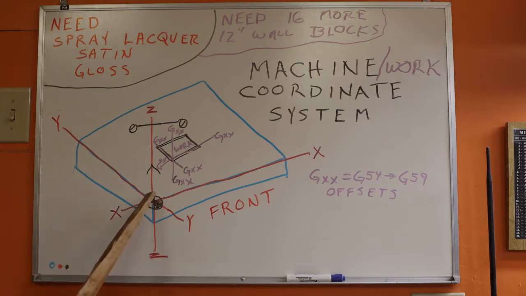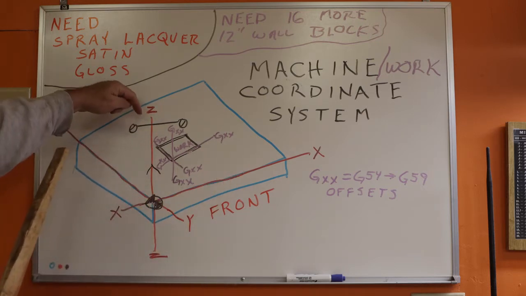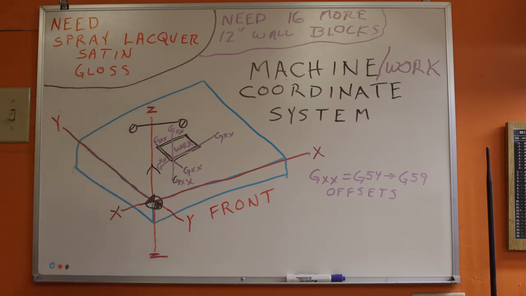And that was this little spot right here in the X and the Y, and with the spindle all the way up as far as it can go in the Z. So we just watched the machine go to the home positions, and on the display with the machine coordinates, we could see that the display went to 0, 0, 0. So that's the beginning point, the start point of the coordinate system for the machine.